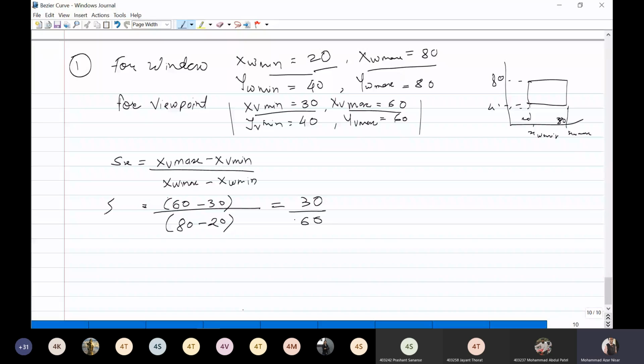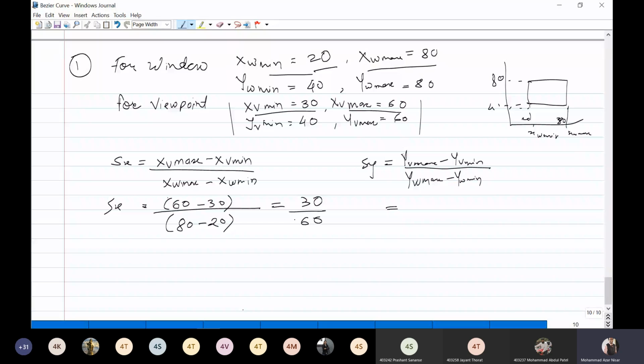Then for the Sy value, Sy equal to, using the same equation, yv max minus yv minimum divided by yw maximum minus yw minimum. First we are using the viewport value divided by the window value.